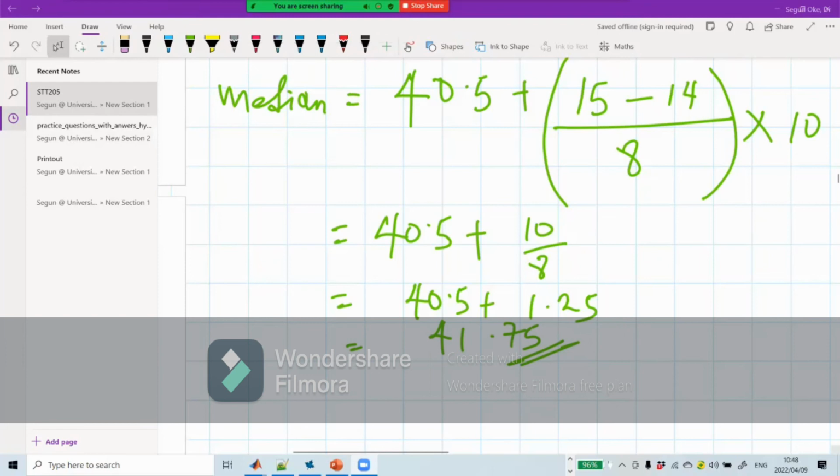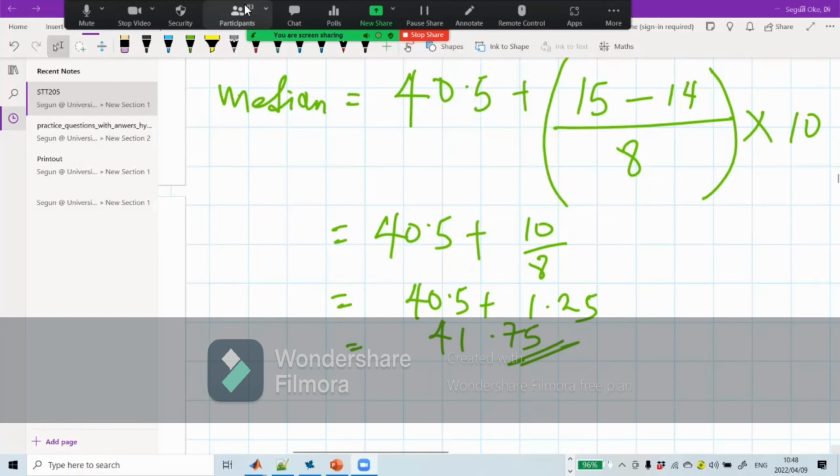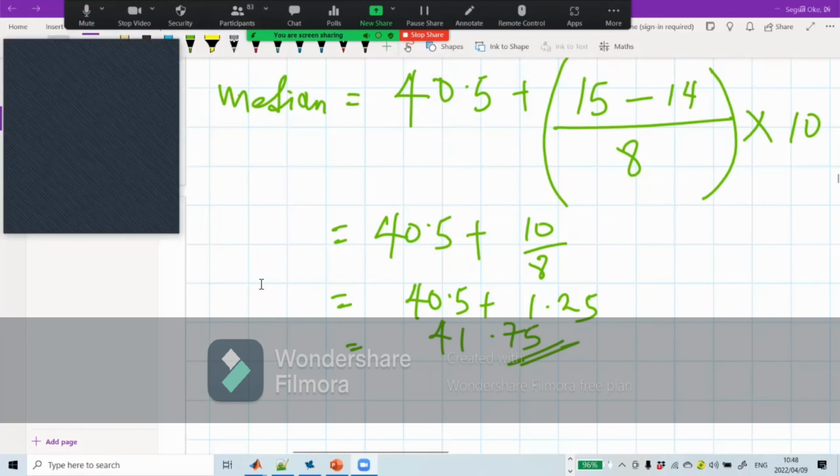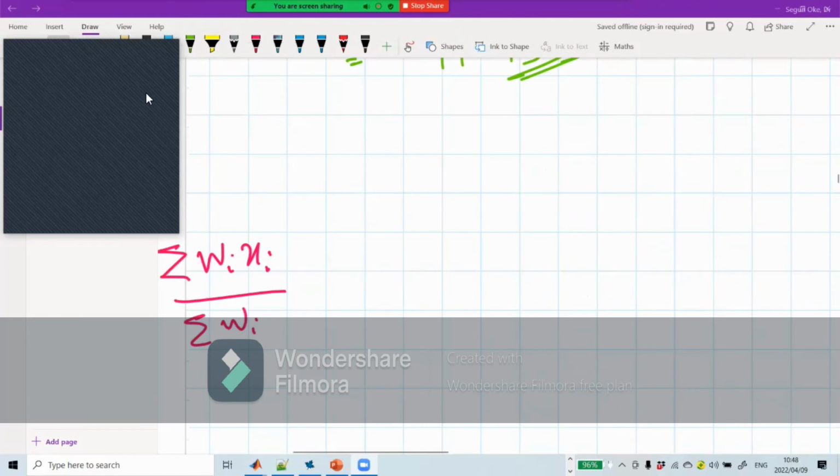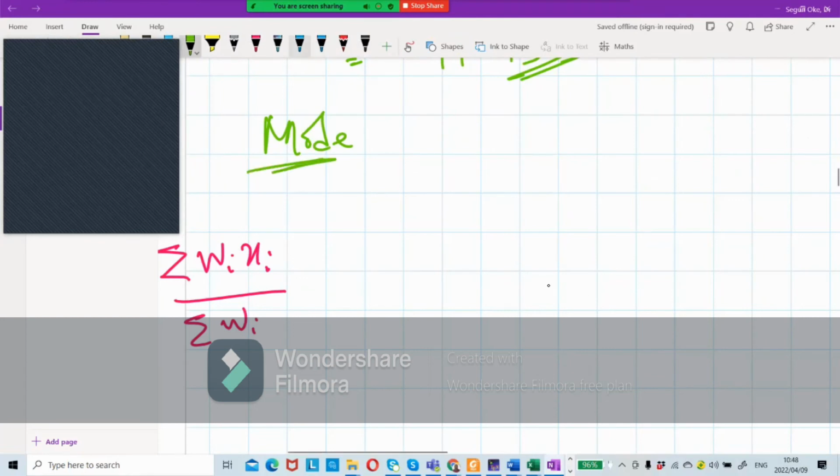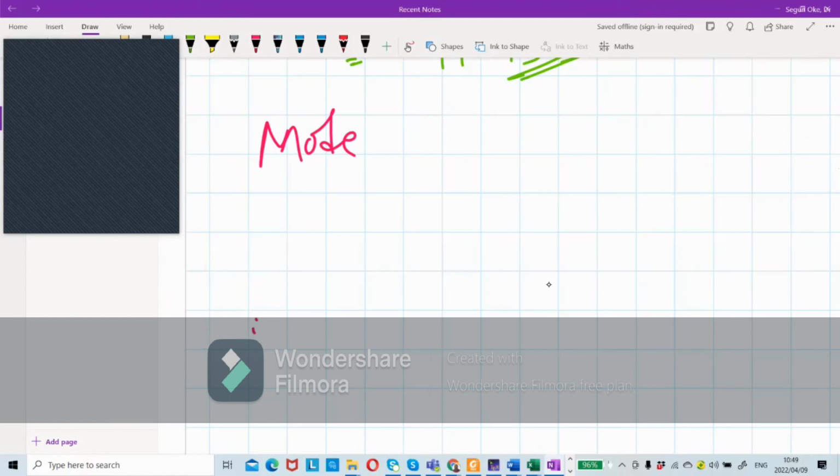Okay, let's continue. The next question is mode. How do we get the mode here?